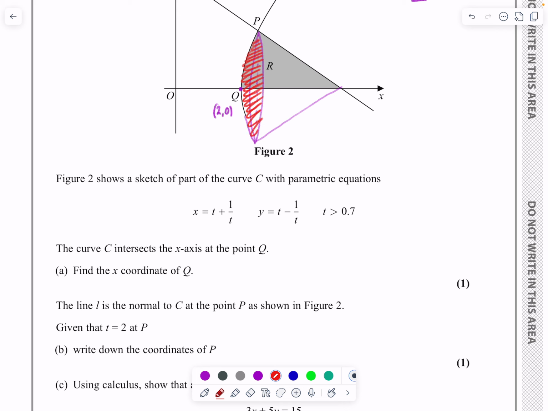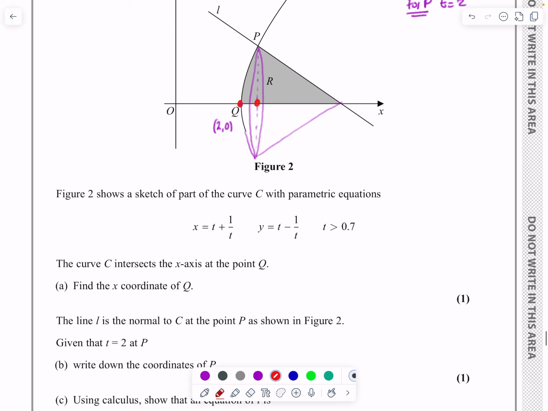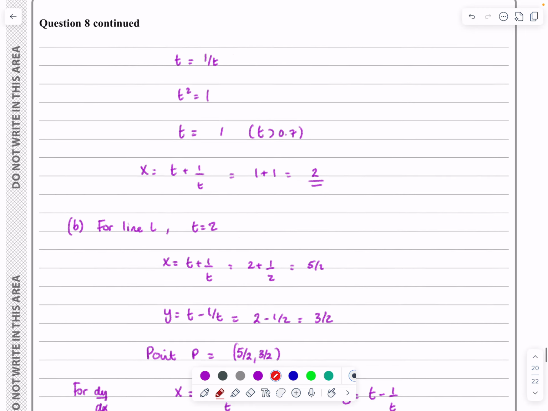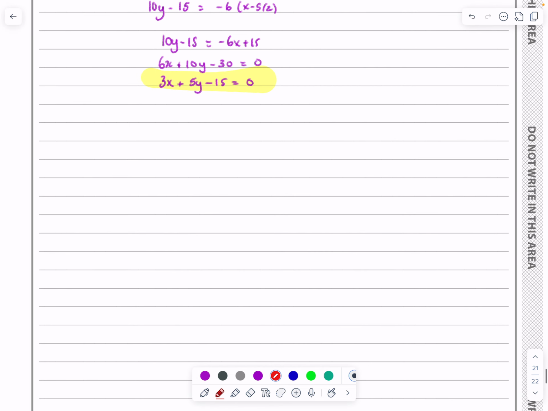To do that, I'm going to have to integrate under the curve between here and here, or in other words, between t equals 2 and t equals 1. So that's why we had those values from before. Well, let's explain it to the examiner, and while I'm explaining it to the examiner, I can explain this to you at the same time.